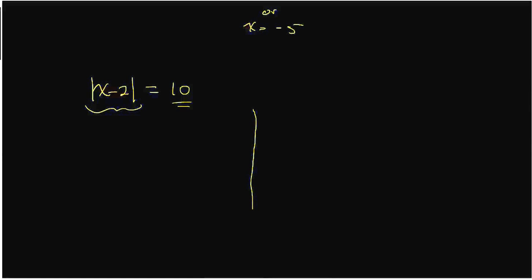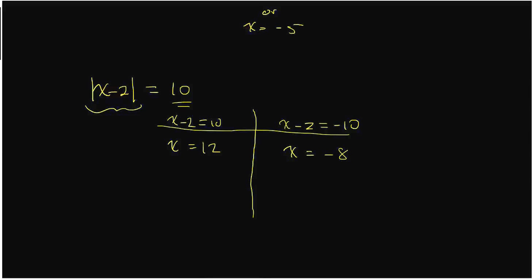I can say that x minus 2 equals 10, or I can say that x minus 2 equals negative 10, and then I can just solve for x. So here x would be equal to 12 by adding 2 on both sides, and here I would get x is equal to negative 8.